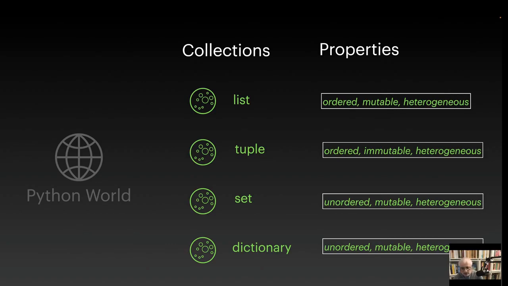You can mix character or string, Boolean. If it's heterogeneous, you can add different data types into the collection. Homogeneous, you can only have as elements of the collection one data type.